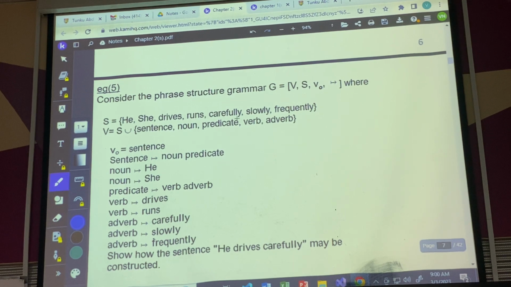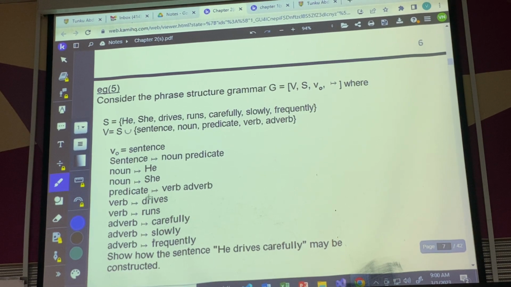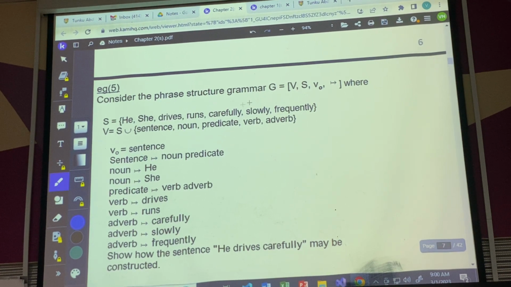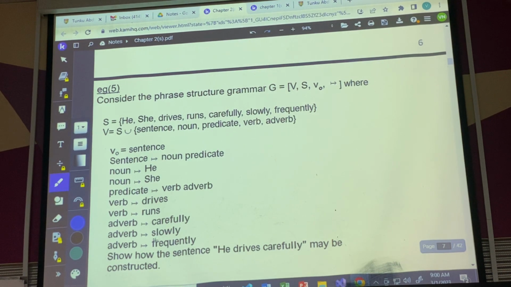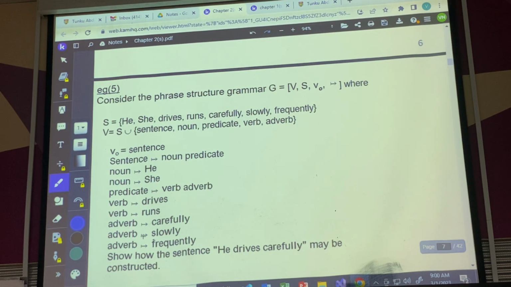So from the words given in the set S here, the verb, we have runs and drives, two, right? So you can replace the verb with these two words. And the adverb, which is to describe the word verbs, drive and runs, you can have these three here. So these three adverbs, carefully, slowly, frequently, to replace the adverb.